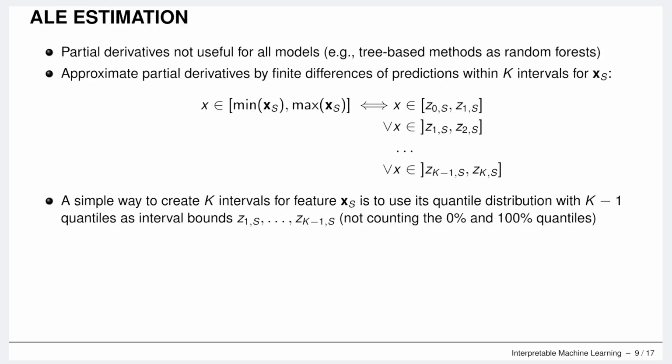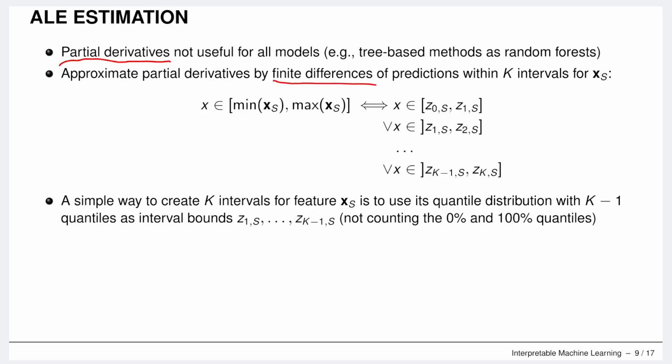So now we have talked about the theoretical part of ALE plots. Now we will look into how to estimate ALE plots. First issue is that partial derivatives are not useful for all models. For example, for tree-based methods such as decision trees or random forests. However, we can use an approximation by finite differences.